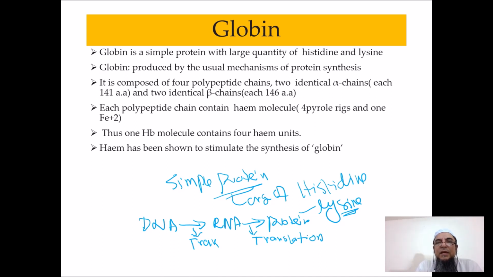The globin chain here in hemoglobin is comprised of 4 polypeptide chains: 2 identical alpha chains, each 141 amino acids, and 2 identical beta chains, each 146 amino acids. Each polypeptide chain contains a heme molecule. So we have 4 pyrrole rings and 1 heme molecule.